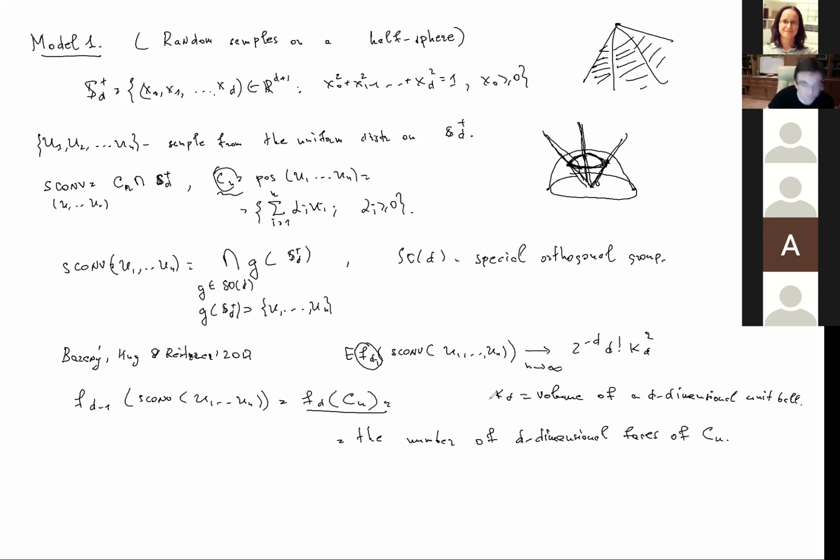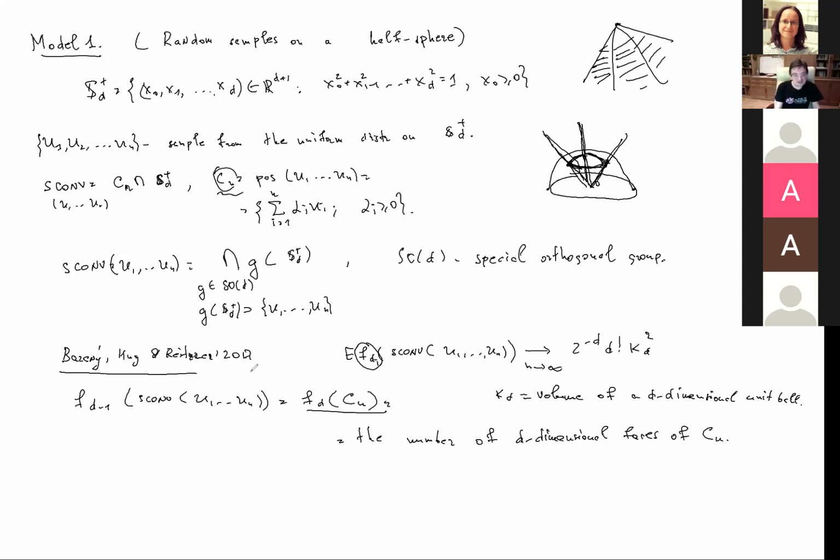Yes, but the result is really strange because n tends to infinity and the number of faces does not converge to infinity. Exactly. But only the expectation, as I understand. And that's what I'm going to explain in a moment.